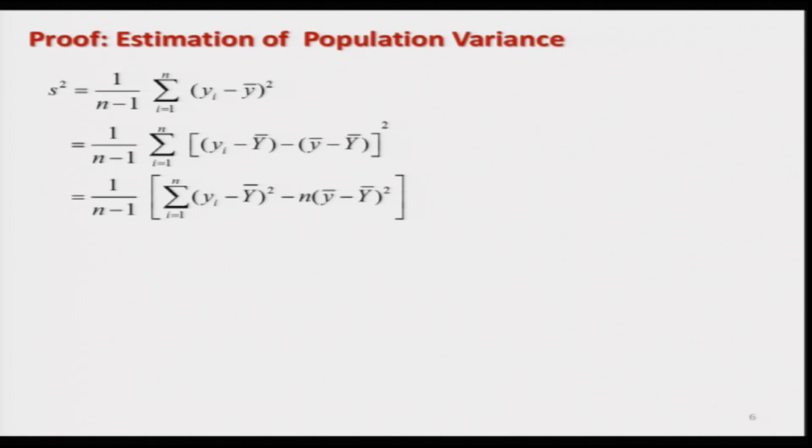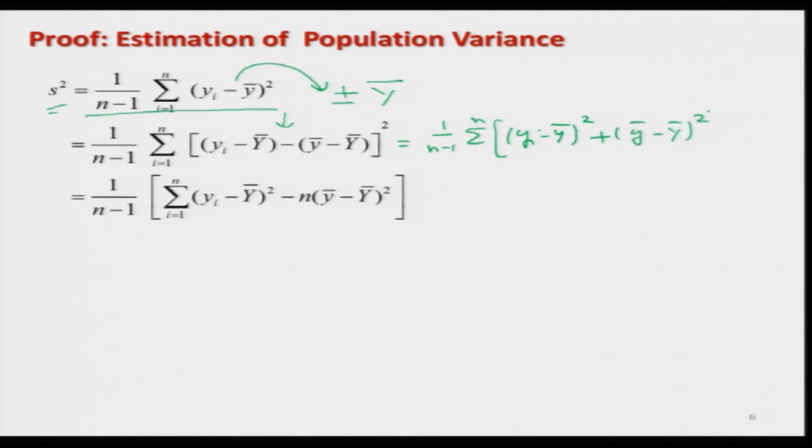Okay. Now let us consider the quantity s square, which is defined like this. Inside this parenthesis, I add and subtract capital Y bar. So this quantity can be written like this, and if I expand it, it becomes 1 over n minus 1 summation of (y i minus Y bar) whole square plus (y bar minus capital Y bar) whole square, and then minus twice (y i minus Y bar)(y bar minus capital Y bar).